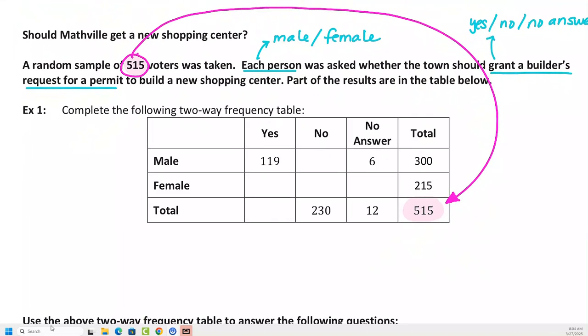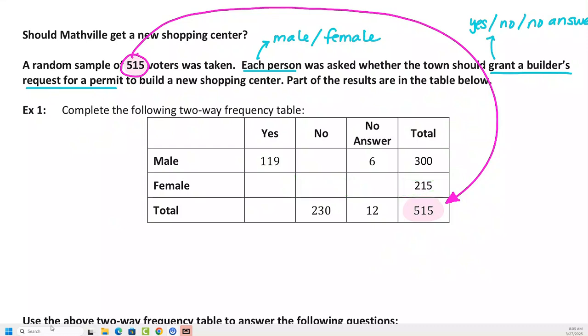I already said that when we come to these totals here, the rows add up to it. Meaning that if I take 19 plus whatever this is here, plus that 6, it should equal the 300. And this one's missing quite a bit. This plus this equals 215.